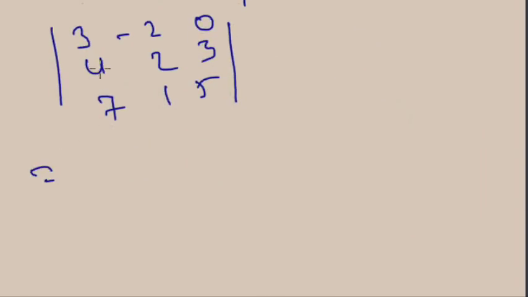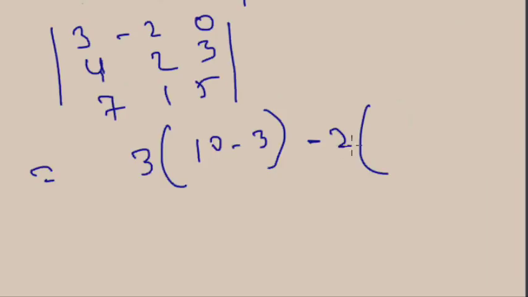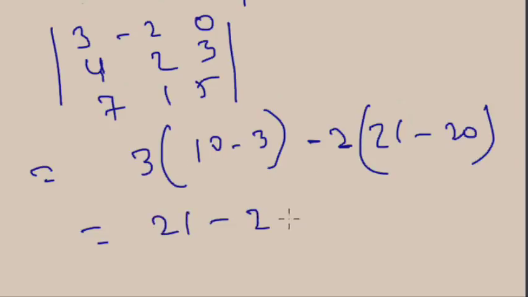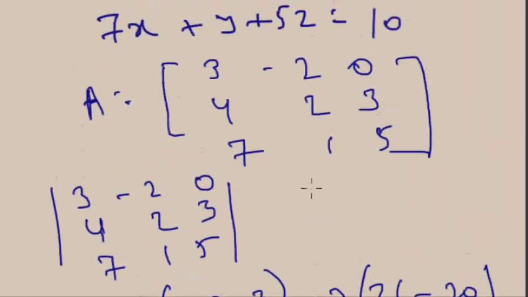First of all, I am expanding along the first row. 3 into 10 minus 3, minus 2 into 21 minus 20. This is equal to 10 minus 17, this is equal to 21 minus 2, 19, which is not equal to 0, because the determinant value is not 0.